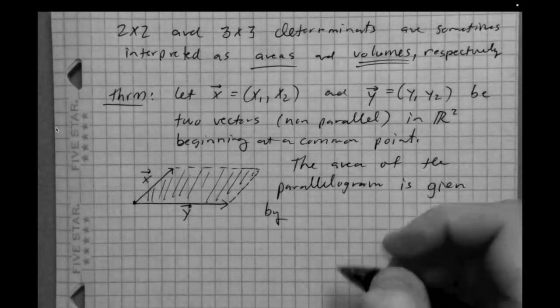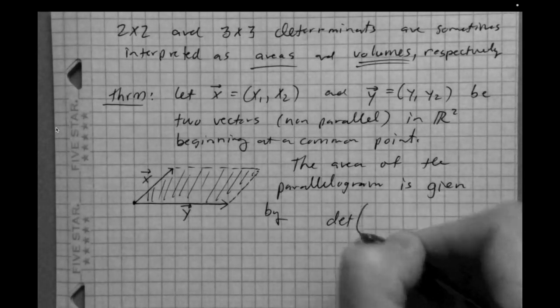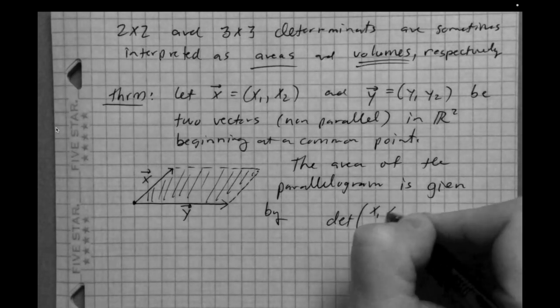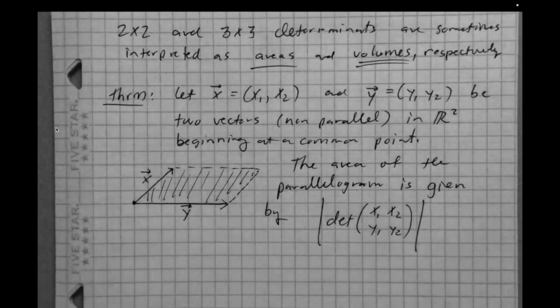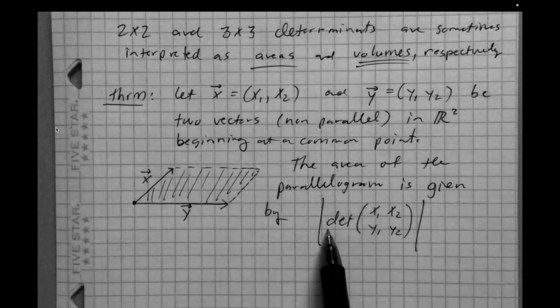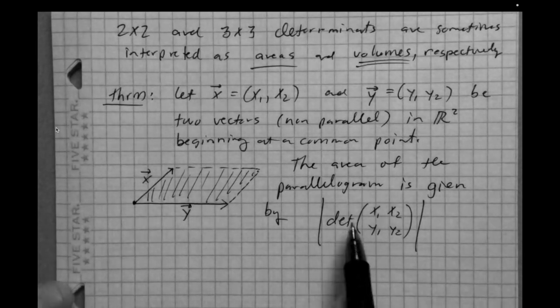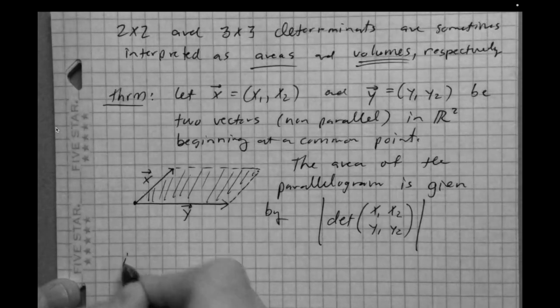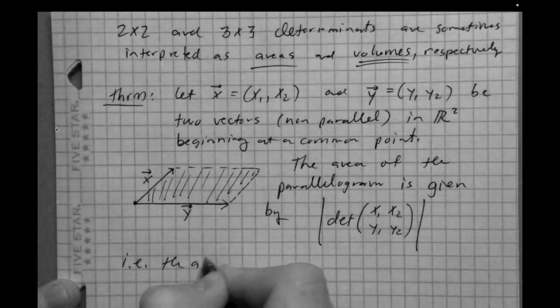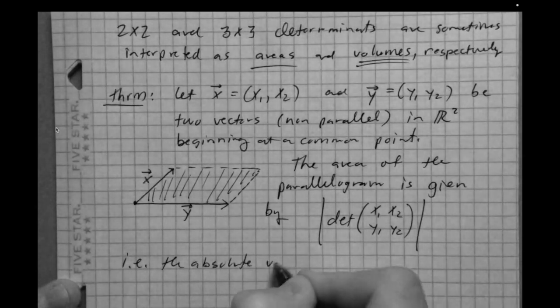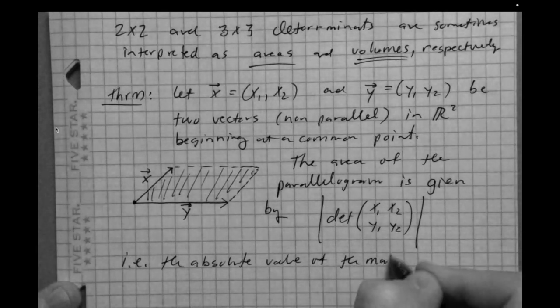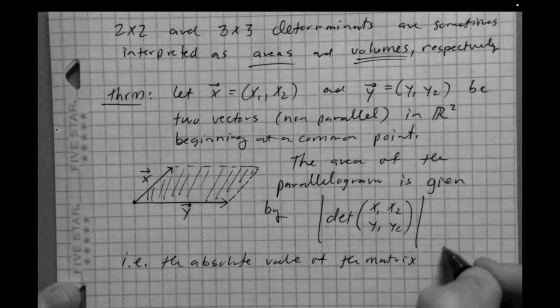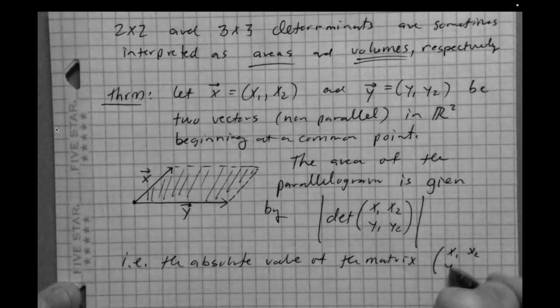and I'm going to write this slightly differently. I'm going to write the determinant of the matrix x1, x2, y1, y2, and it's actually the absolute value of that. Okay, so this is a slightly different notation. Actually, write the word det, determinant. So I'll put down here, i.e., the absolute value of the matrix x1, x2, y1, y2.